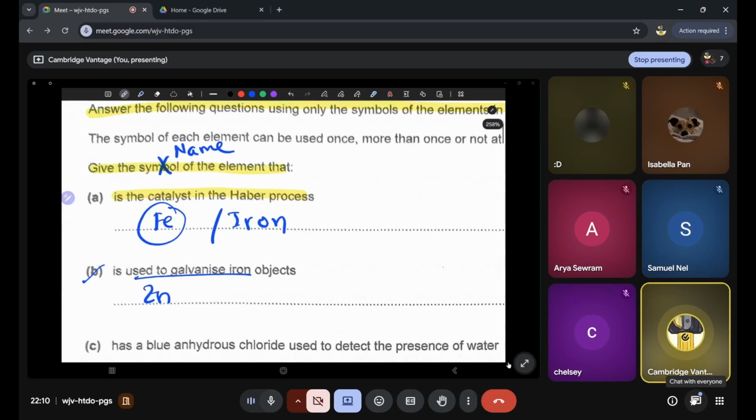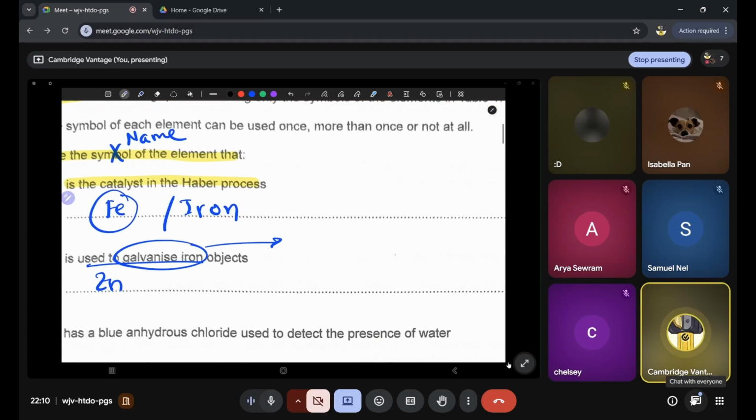Another thing about galvanizing iron is that it actually provides two levels of protection. One of them is sacrificial protection, and the other one is the barrier method. I'm pretty sure when you have covered the transition elements chapter, you have learned about different ways to prevent rusting.